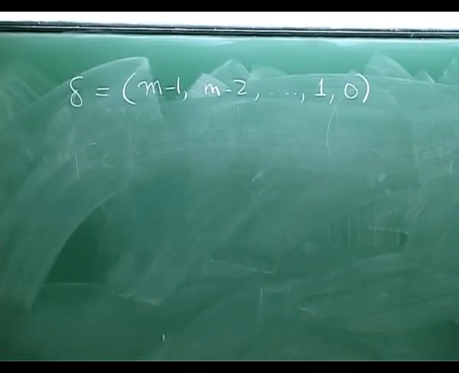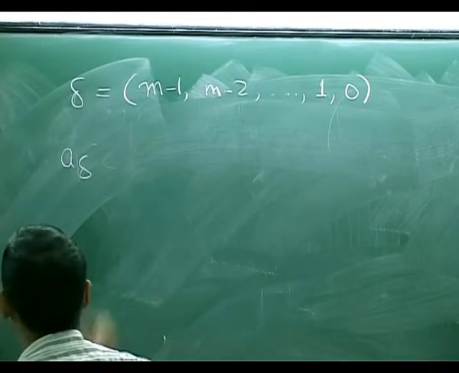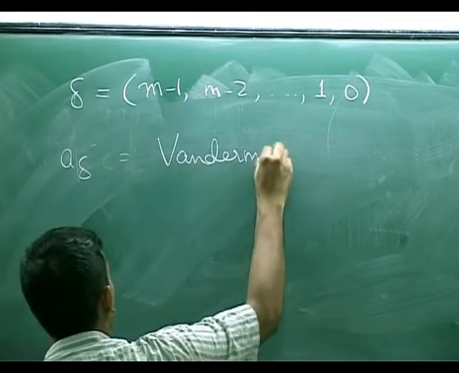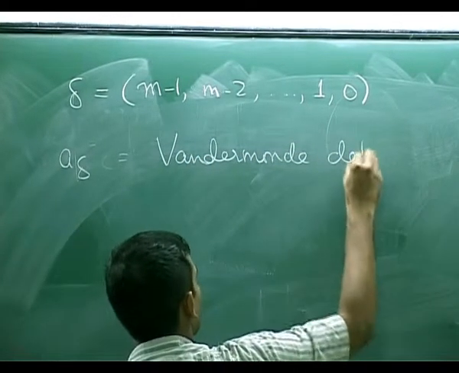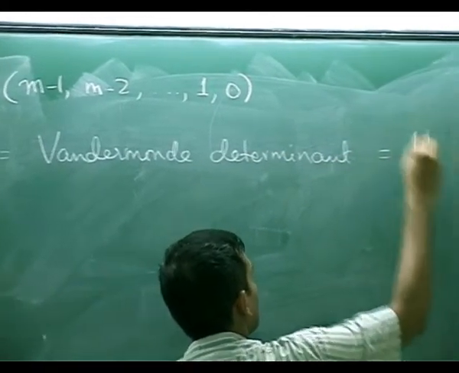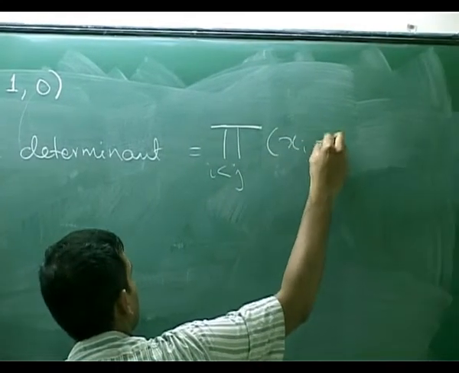Then A_δ is just the Vandermonde determinant, which is the product over i less than j of (xi minus xj).